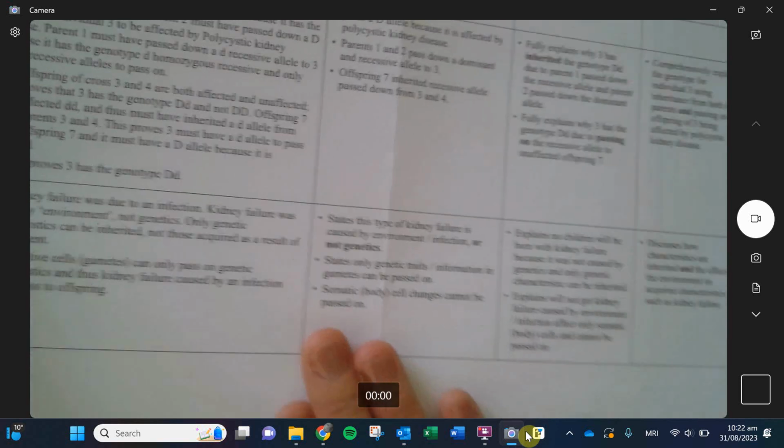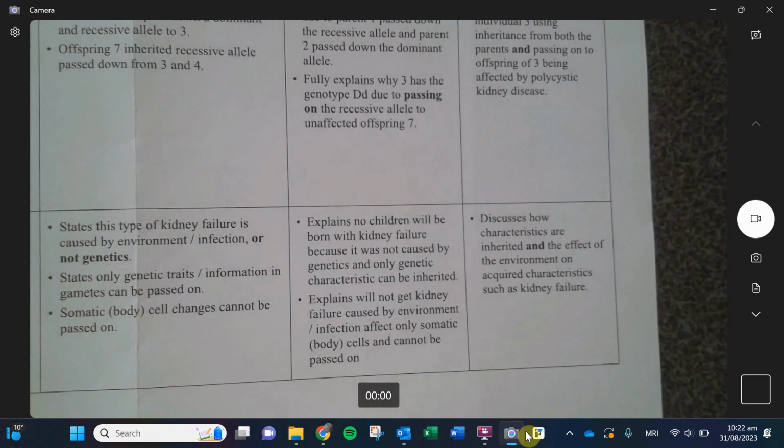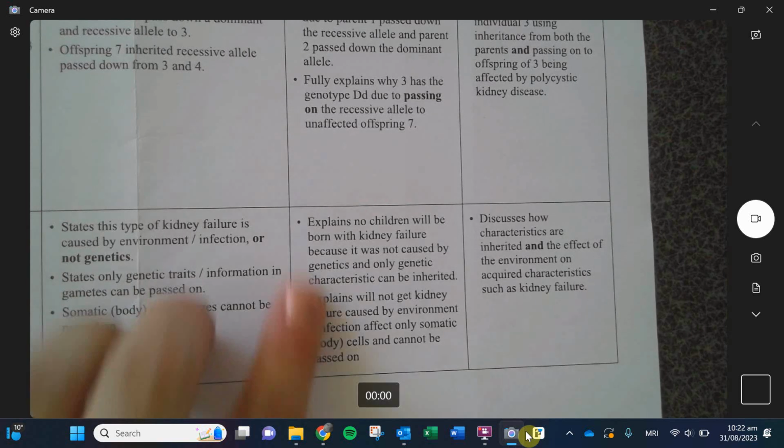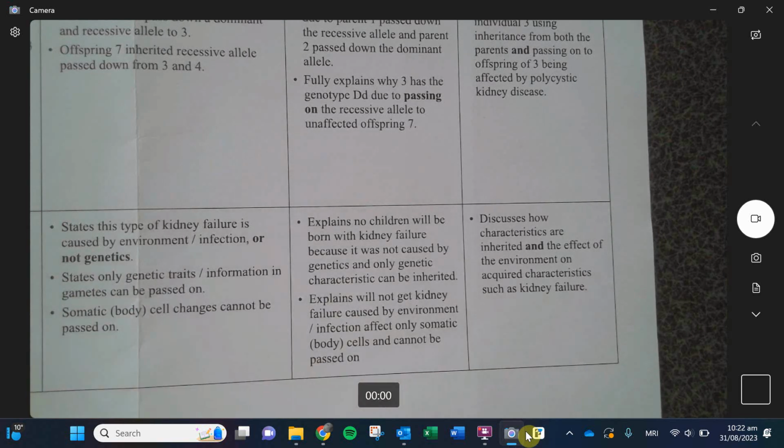All right. Let's see how this answer gets up to merit and then how it gets up to excellence. So there's two different points you could make in order to get to the merit. The first one is explaining that the children will not get the kidney failure. The second is explaining that the children cannot get this genetic disease because, again, using that keyword because, it is not a genetically related disease.